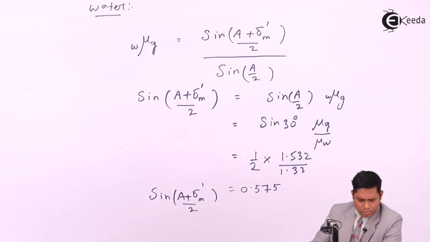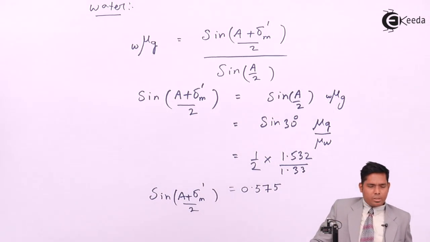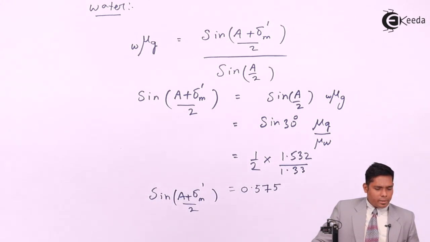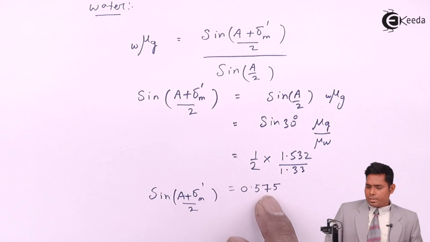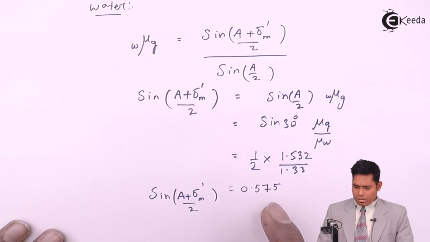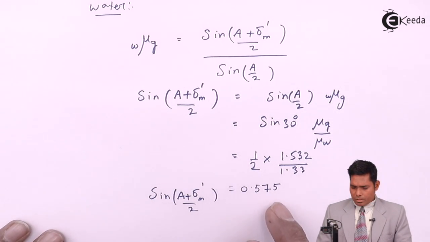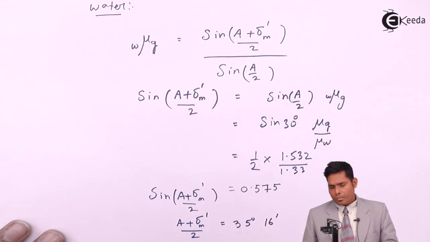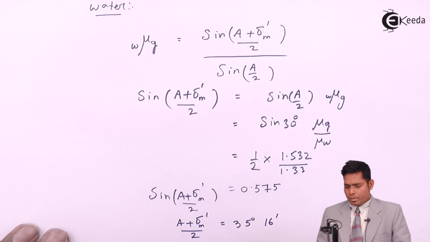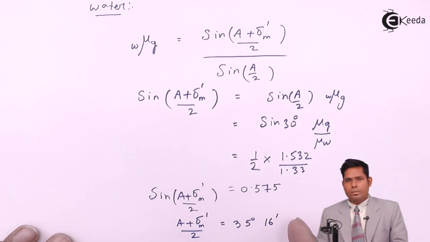Now you have to check which angle gives you 0.57, so we'll take sine inverse of this, which is 35 degree and 16 minute. 1 minute is 60 seconds and 1 degree is 60 minutes.